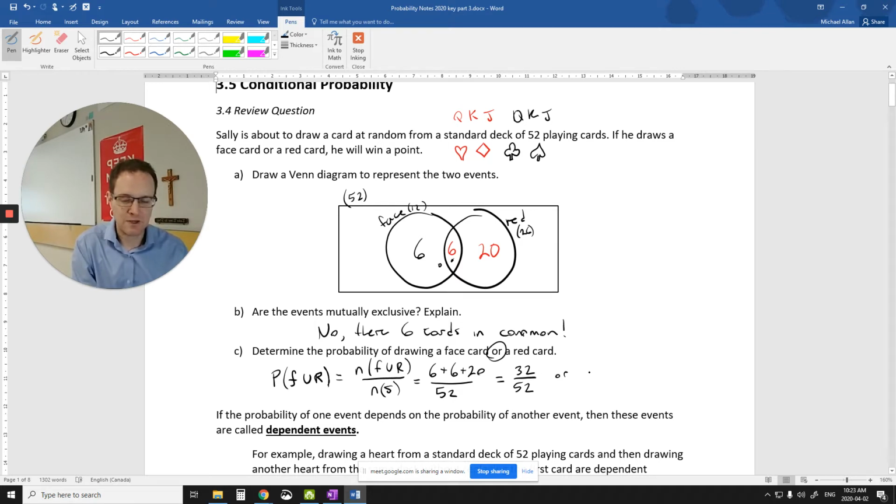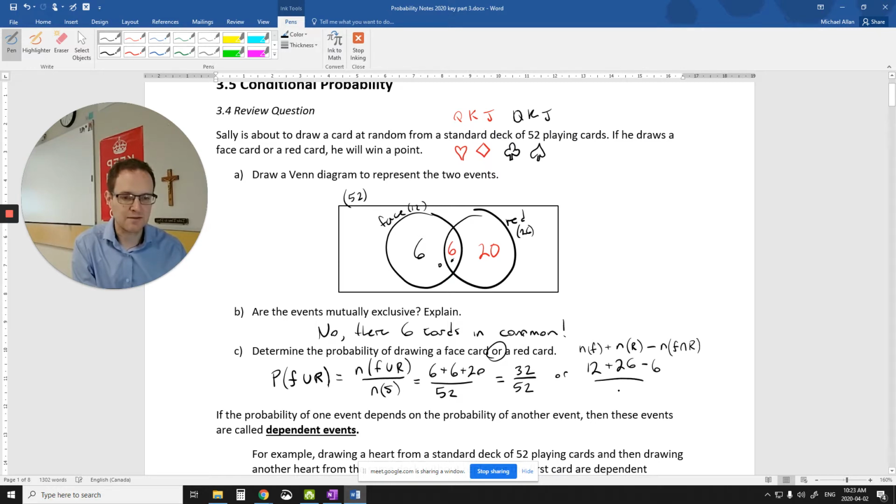I could also do it the other way, with the other formula where we have the 2 circles. We have 12 in one circle, plus 26 in the other circle, and then I minus out the 6 that's in between. That's the formula from the previous class: the union of these two sets is the number in one set plus the number in the other set, minus what they have in common, the intersection between the two.